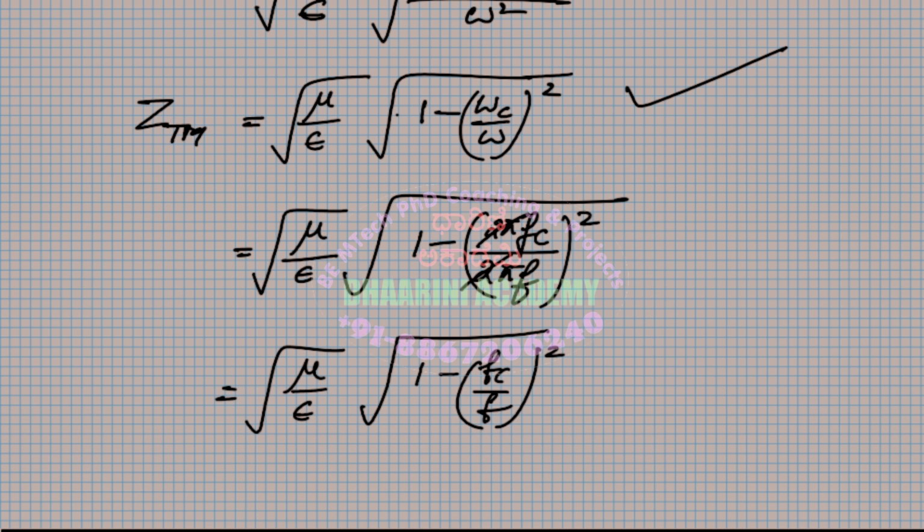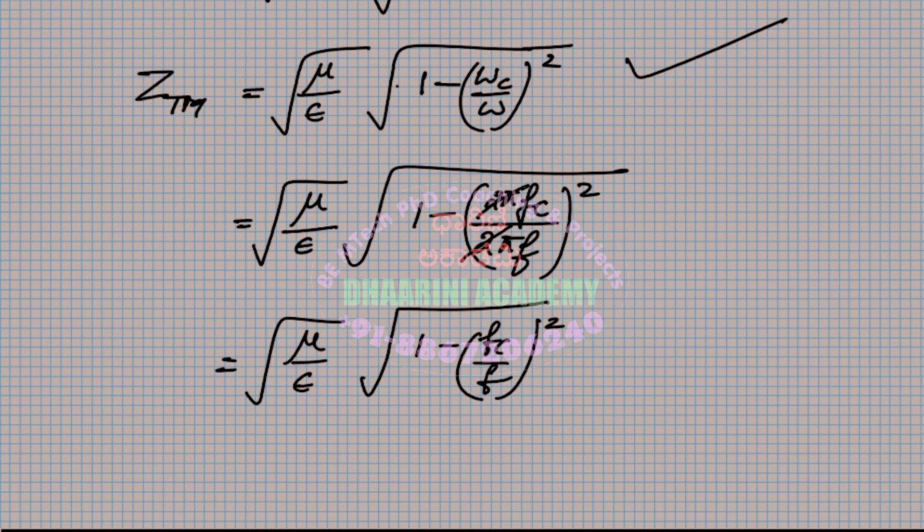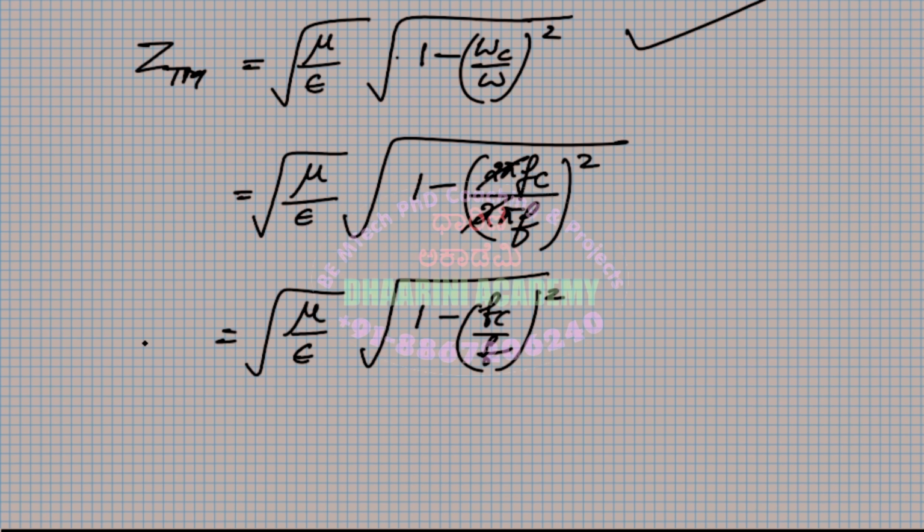Okay, that's one term. Otherwise, we can further simplify c by f. So you can multiply and divide by c to the term, and we can simplify. This is the second equation for ZTM. I'll write a third equation as well. If you want to modify, then you can modify and you can get this. Otherwise, I can write it in this way. So this is root of mu by epsilon.